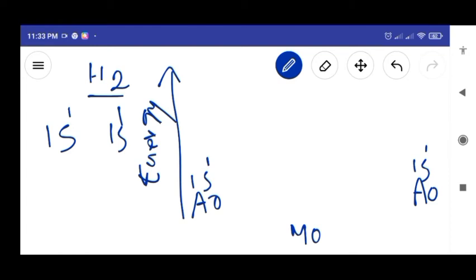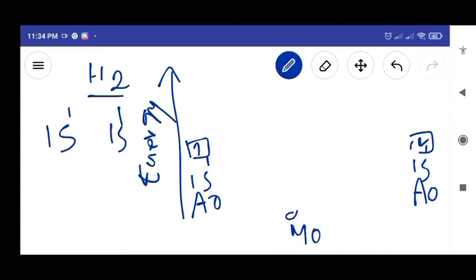Then we have to represent it: 1s1, only s1. One electron is here, one electron is here. Then we'll check the combination.